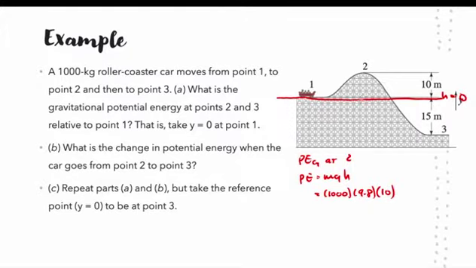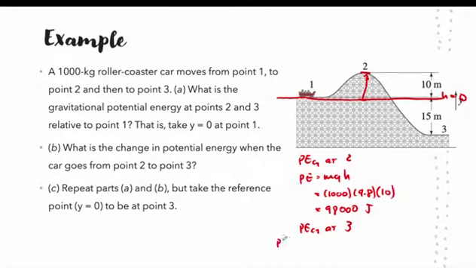The difference from the reference point to point 2 is 10 meters above the reference point. So the potential energy at point 2 would be positive, and this would be equal to 98,000 joules.